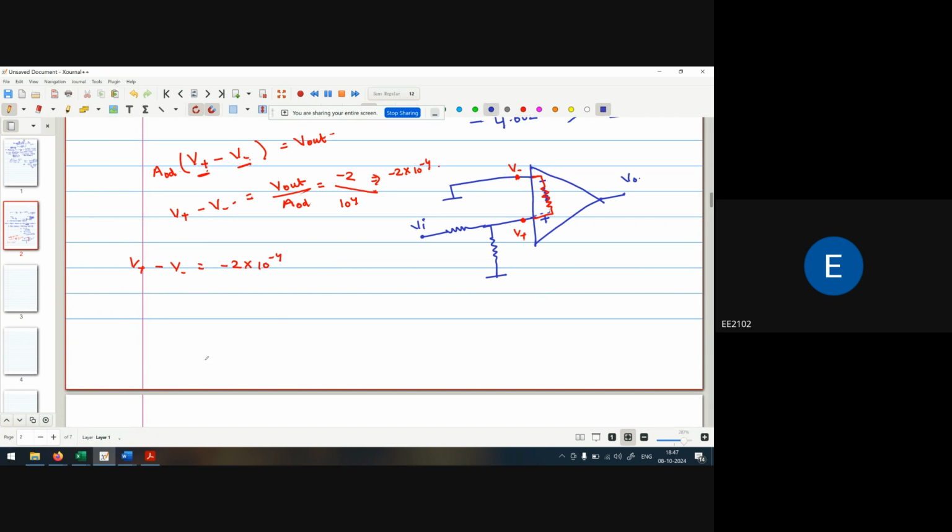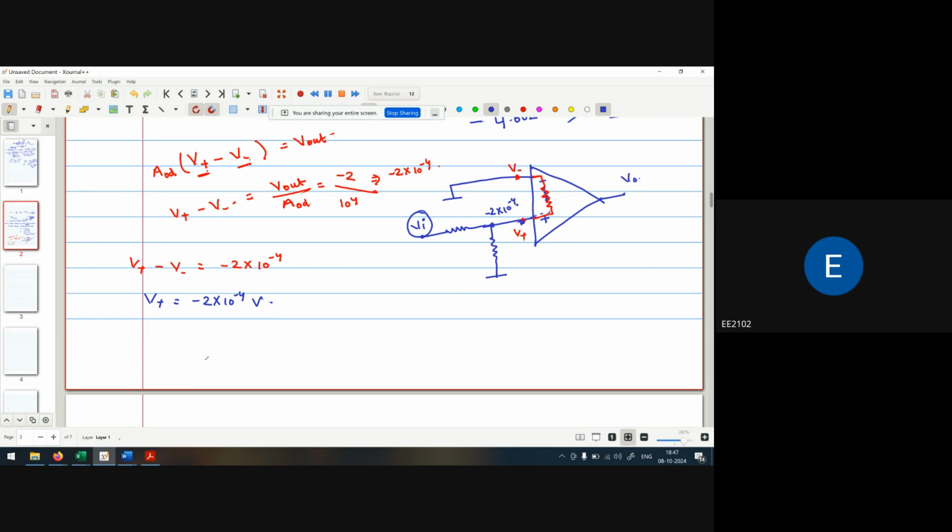Now the voltage at the negative terminal, because it is connected to the ground, becomes 0. So V plus is equal to minus 2 into 10 raised to the power minus 4. Now we have to calculate this voltage.